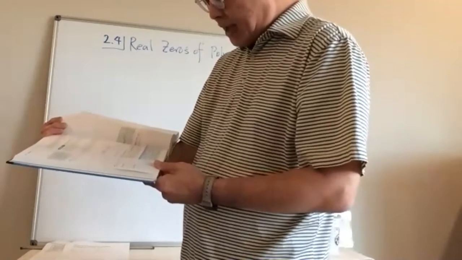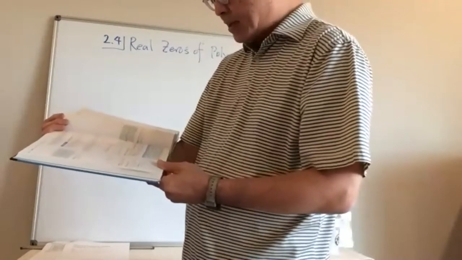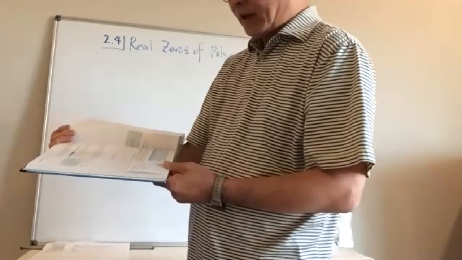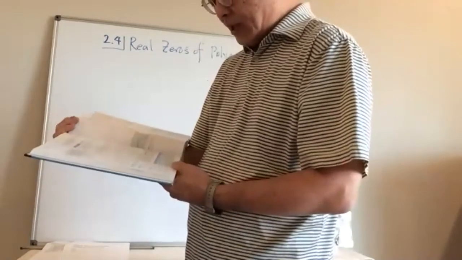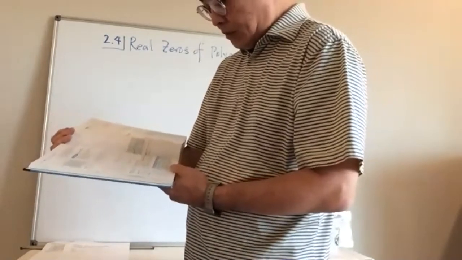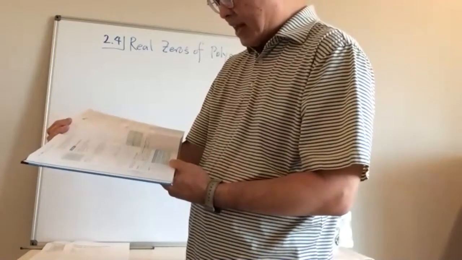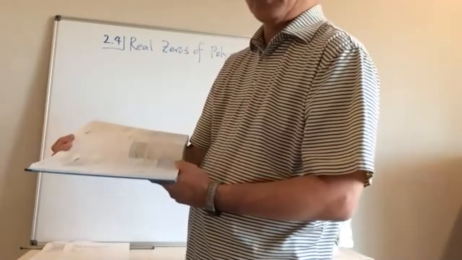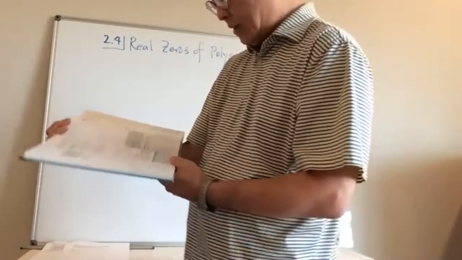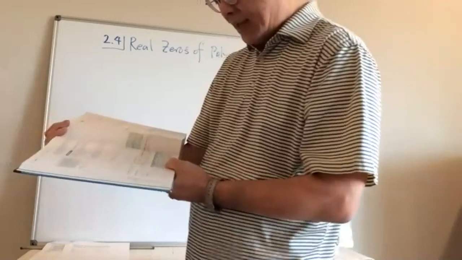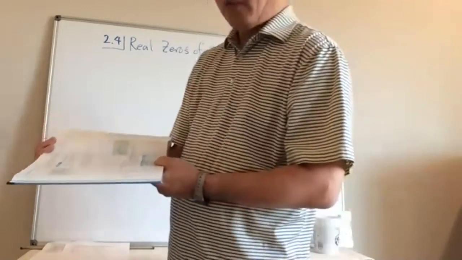Suppose f of x is divided by x minus k using synthetic division. If k is greater than 0 and every number on the last line is non-negative, in other words, they're either zeros or positives, then k is an upper bound for the real zeros.